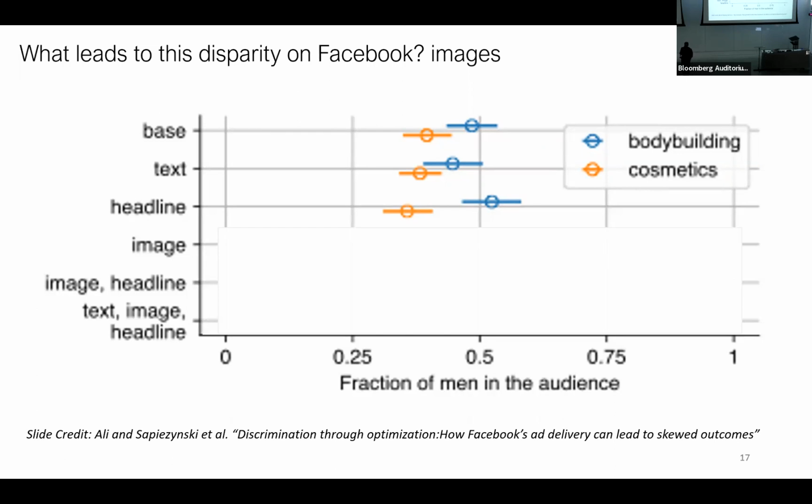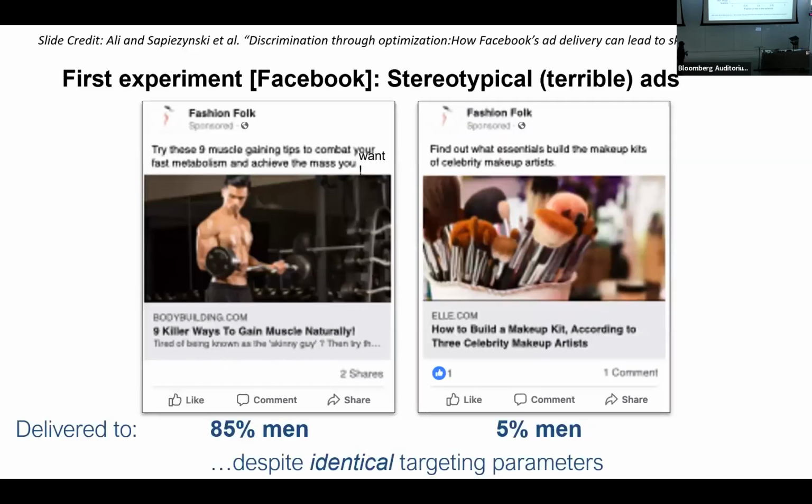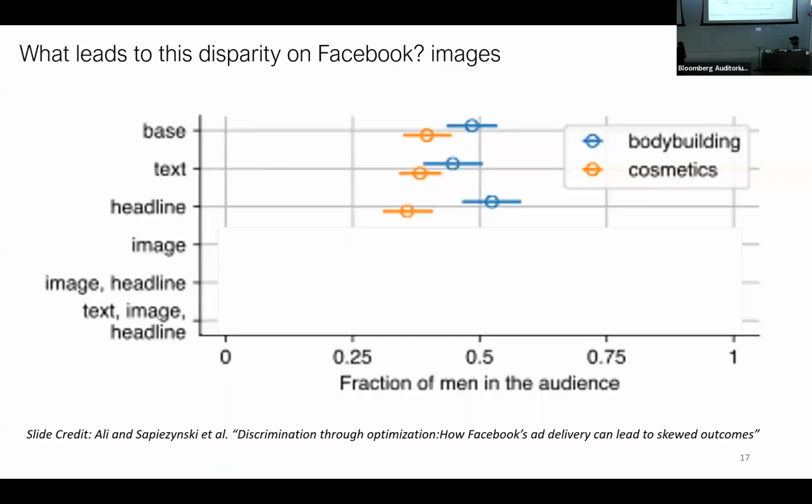An advertisement has the text of the ad at the top, an image, a URL that it goes to, and the headline of the URL. They varied all of these things, hid some, showed others, and found that basically the images were causing all the disparities.